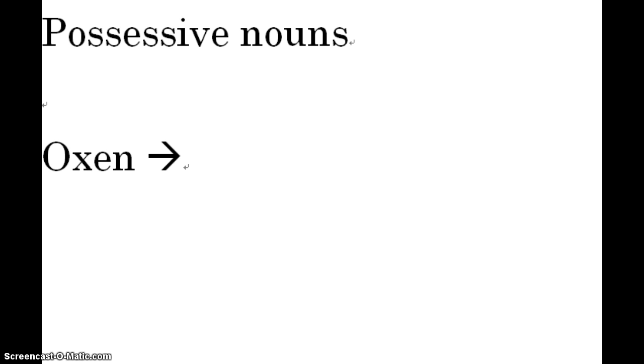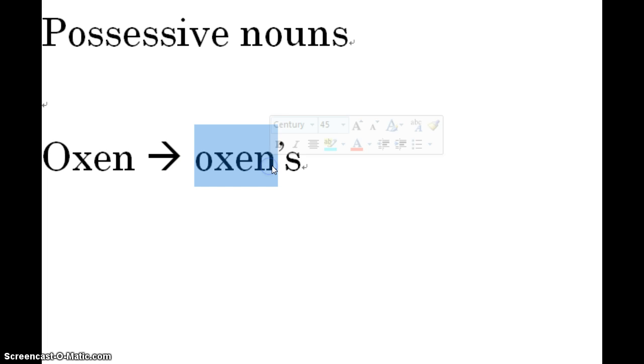In this case, we write the word oxen, the plural form, and then we put an apostrophe S to show that more than one ox is the owner or user of something. So when you have a plural noun which doesn't end with an S, you just write that plural form and then put an apostrophe S after it. So this is kind of the tricky part I was talking about.